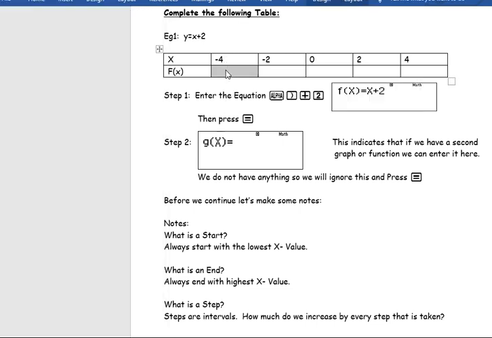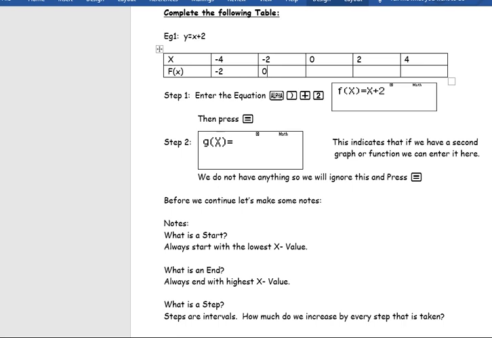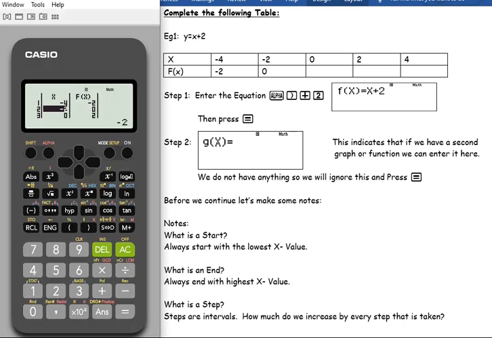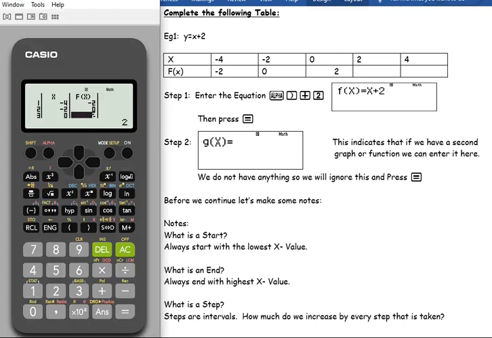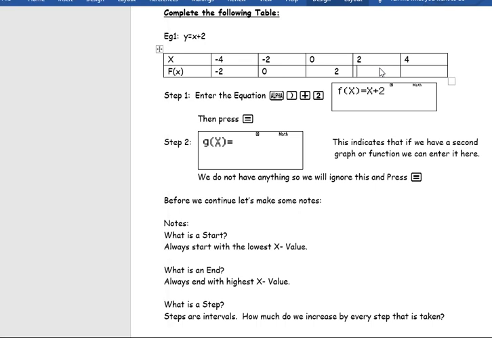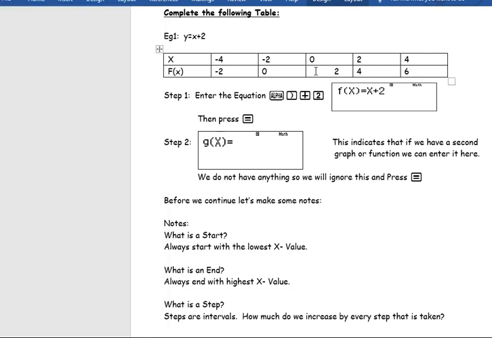So minus 4 and minus 2. Minus 2 and 0. 0 and 2. 2 and 4. 4 and 6.